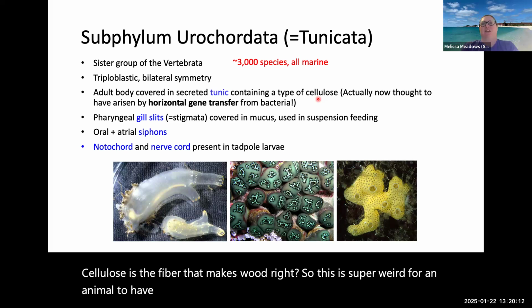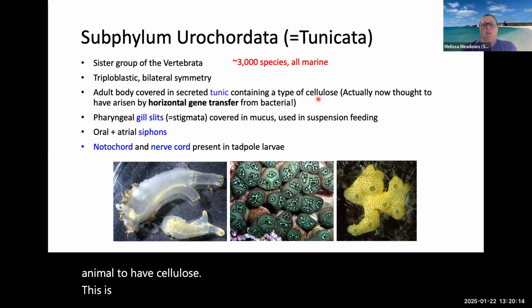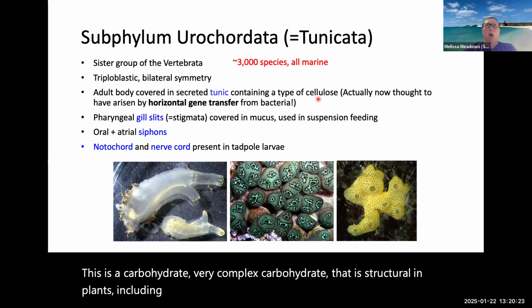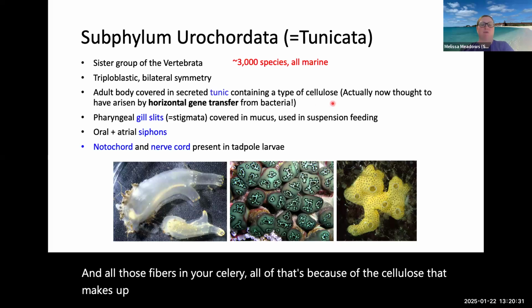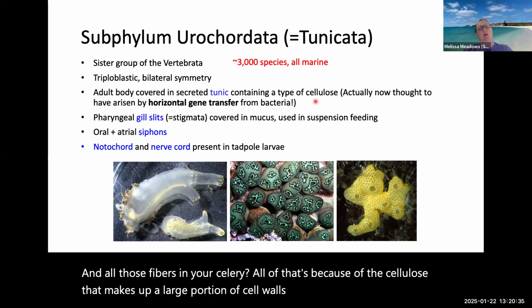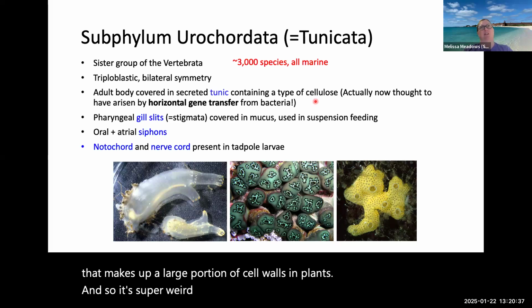It is a very complex carbohydrate that is structural in plants, including trees, that makes wood. And all those fibers in your celery, all of that's because of the cellulose that makes up a large portion of cell walls in plants. And so it's super weird that the tunic contains cellulose. There are no other animals with cellulose.